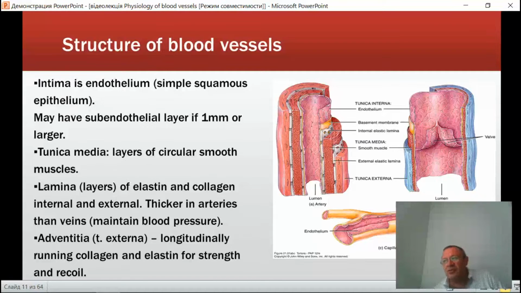Next, information about structure of blood vessels, the main component of the cardiovascular system.